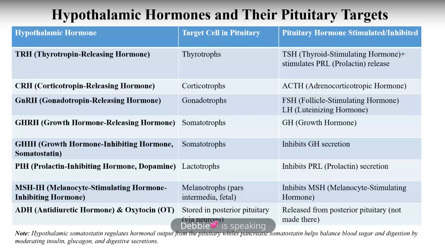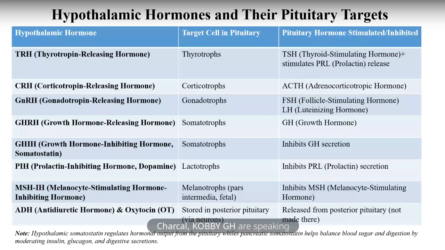The corticotrophs. This is correct. If the hypothalamus produces prolactin inhibiting hormone, which cell in the pituitary gland does it target? The lactotrophs.